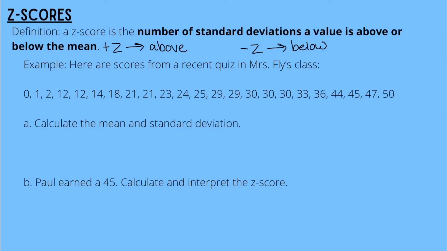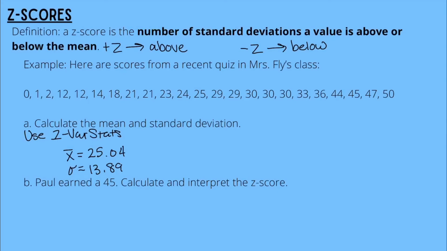I've already done this in my calculator using the 1var_stats command, so use the 1var_stats command to enter in your numbers, and that'll give us a mean of 25.04 and a standard deviation of 13.89.